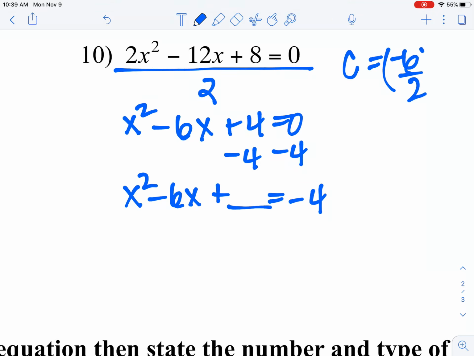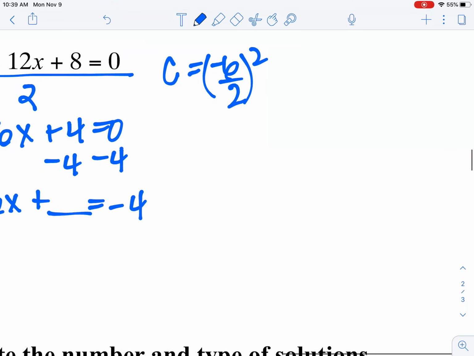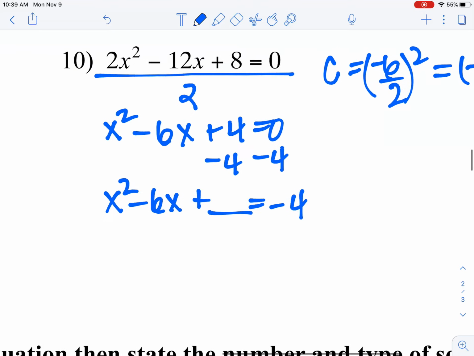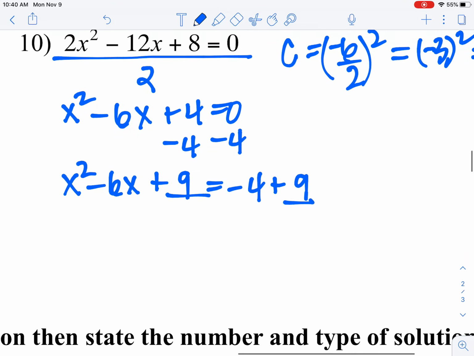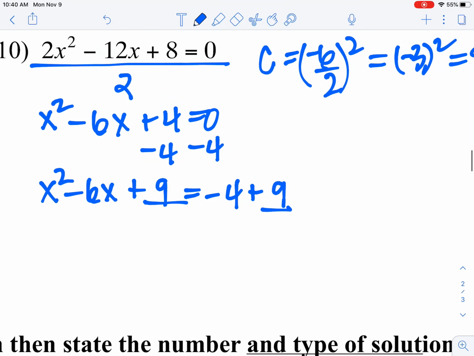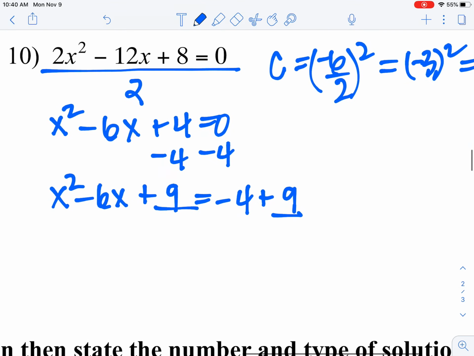Negative 6 over 2 squared is negative 3 squared, which is 9. So now I can plug a 9 into both of those. And then rewrite this left-hand side as, oops, I'm sorry guys, x minus 3 squared equals 5.